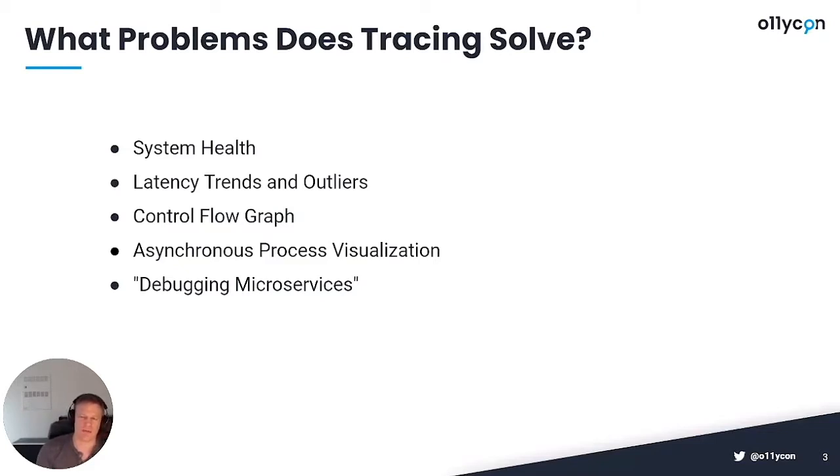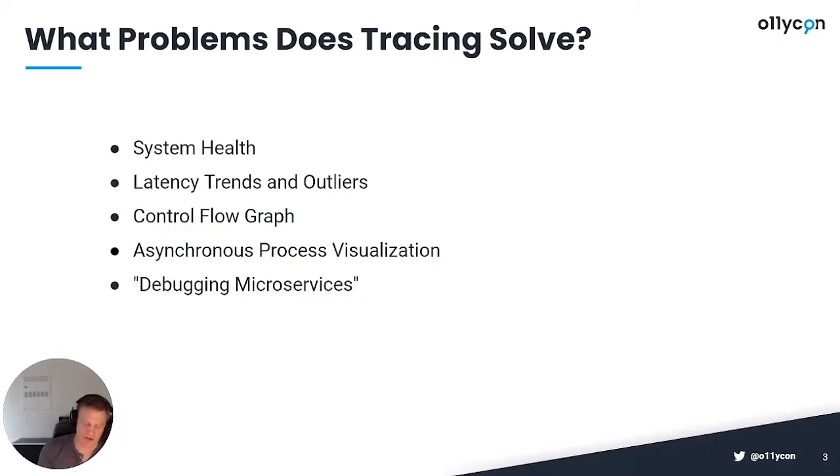And by its nature, because tracing can happen concurrently, you end up with a nice asynchronous process visualization as well, which is something that you typically don't get with straight graphs. You can have multiple things happening, and you can have things stop and then start again and be able to see this in a view.